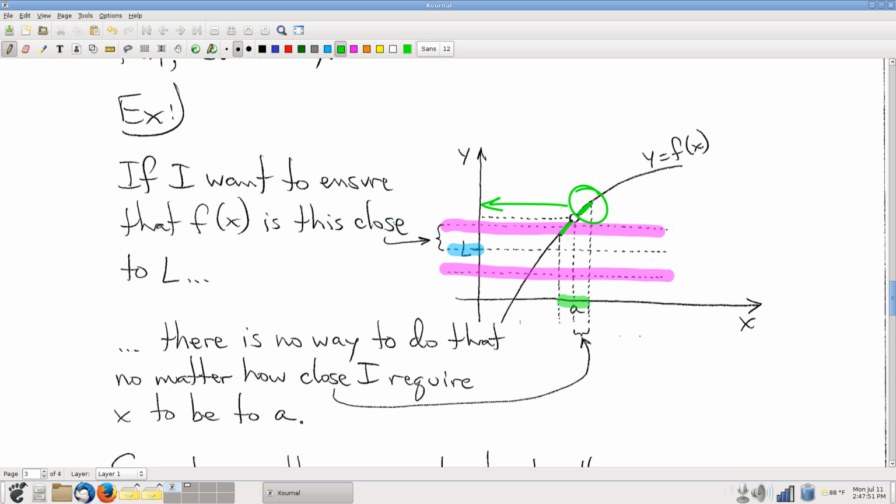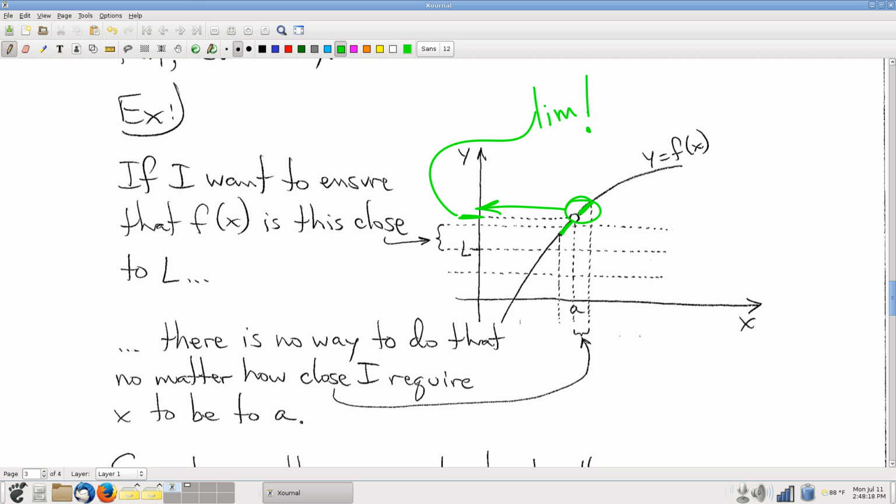This value L does not have the required feature. It is not true that I can make the function arbitrarily close to L by requiring x be sufficiently close to a. I cannot make the function arbitrarily close to L because the function keeps wanting to also be up here near, as you will notice, the actual value of the limit. Right, that is, from the previous page, the actual limit. So there's going to be one value at most, certainly for this function, that can be this limit.